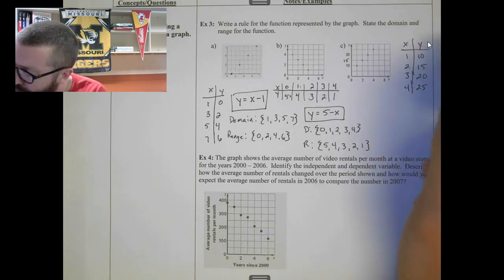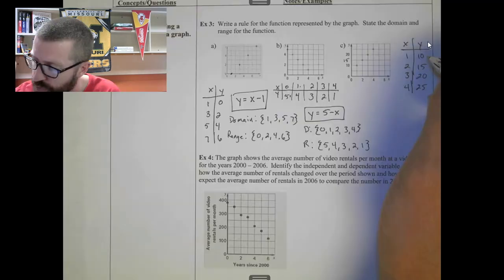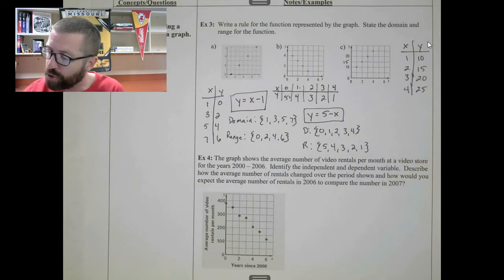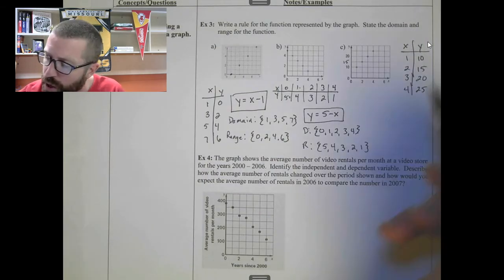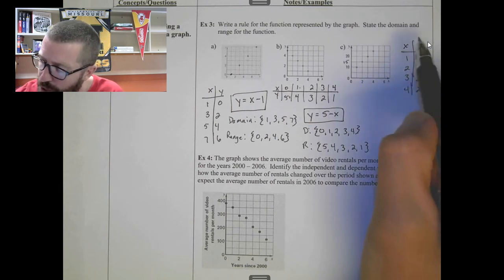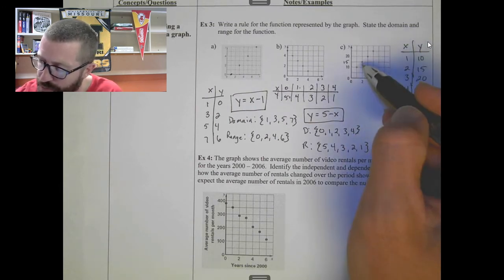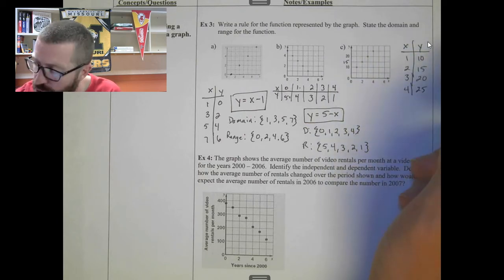So here you can see you're going up by 5 each time. So this pattern or this function rule is a little bit more difficult to see. But you can use this idea that you're going up by 5 each time to help you out. So that means you're going to multiply by 5.